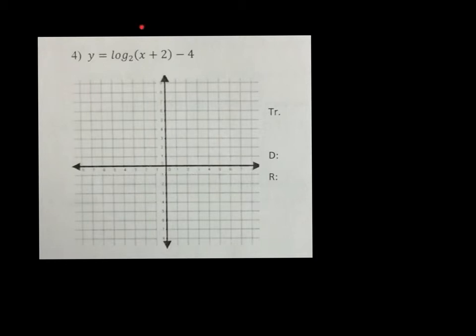Now we have y equals log base 2, x plus 2 minus 4, plus 2 in the parentheses, minus 4 outside the parentheses. That means that we are moving left 2 units, down 4 units. And that includes our asymptote.